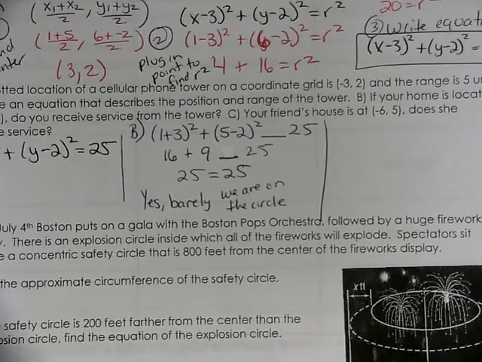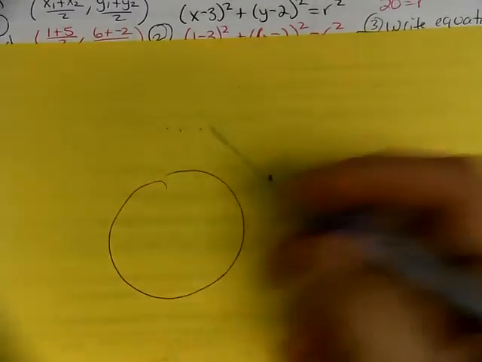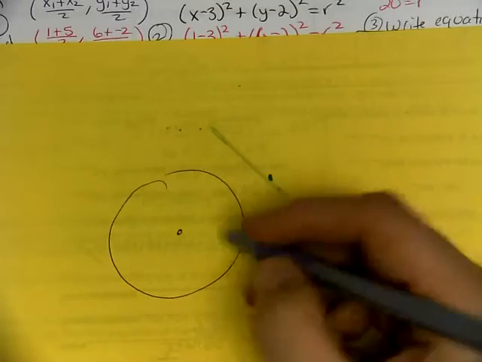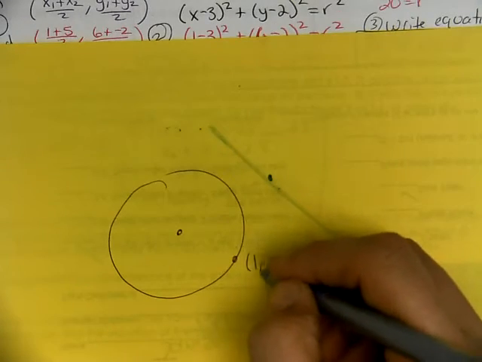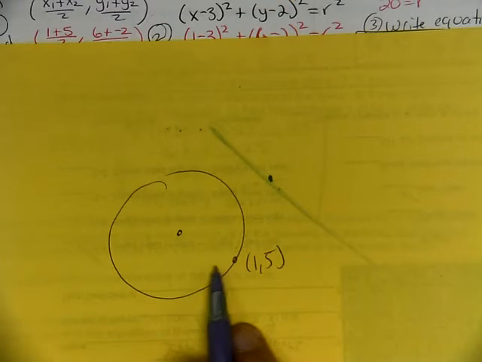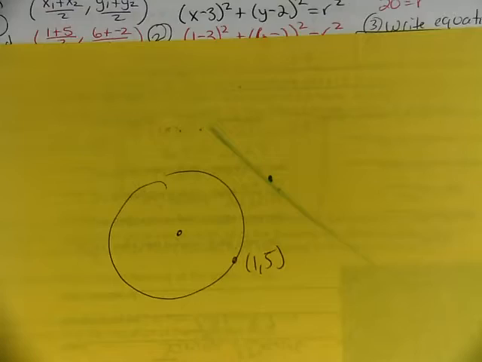So if this is our circle and our tower's here, we're like over here on the edge. Okay. So we might get service in some parts, but we might not, depending on where we are.